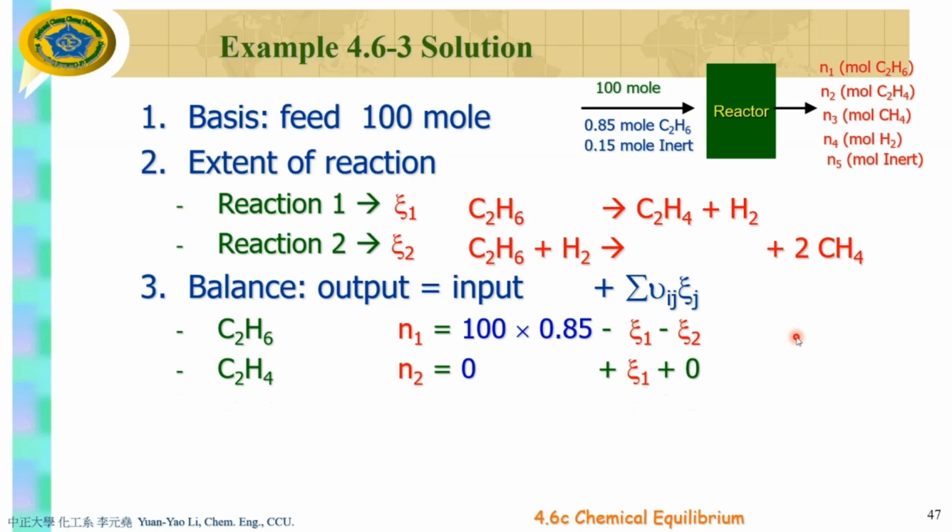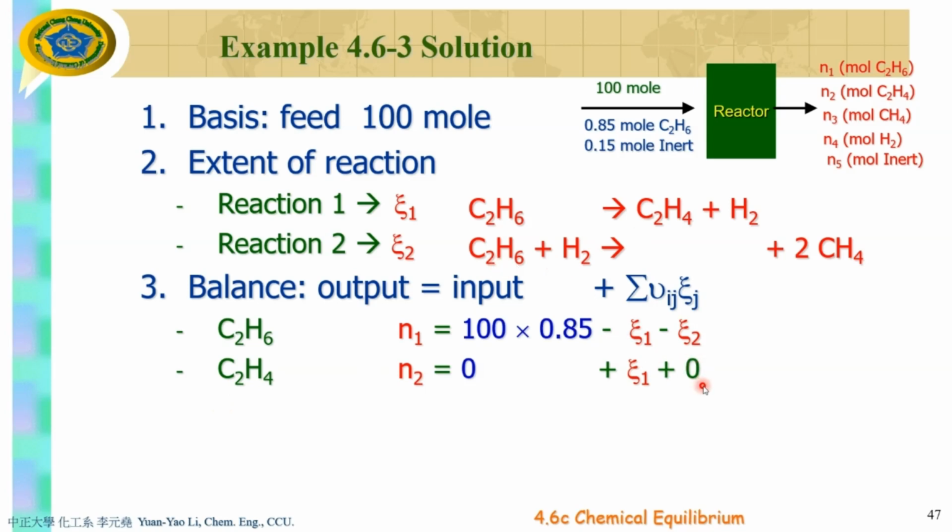So this is C2H4, which is N2. So N2 equal to what? N2 equal to initial moles of C2H4, which is 0. And then plus what? Reaction 1 has an Xe, so Xe1, and there's no C2H4 in reaction 2.